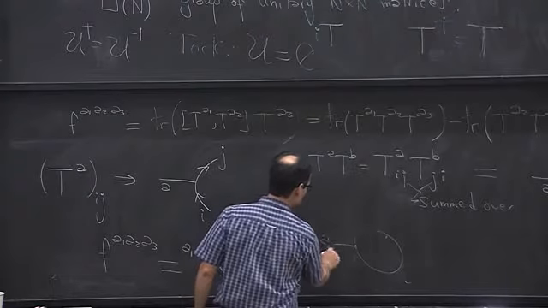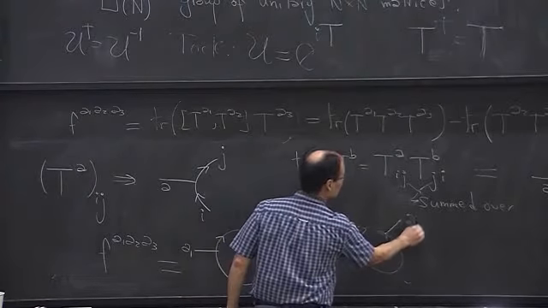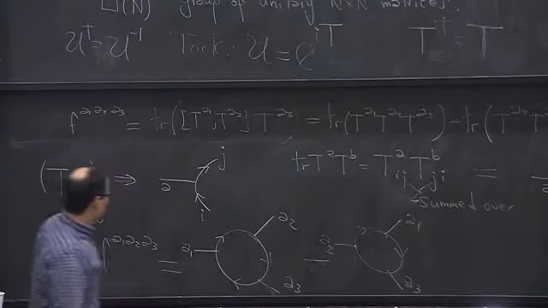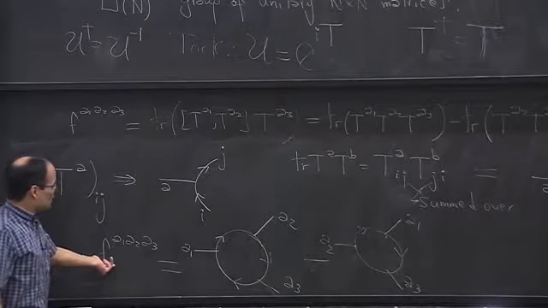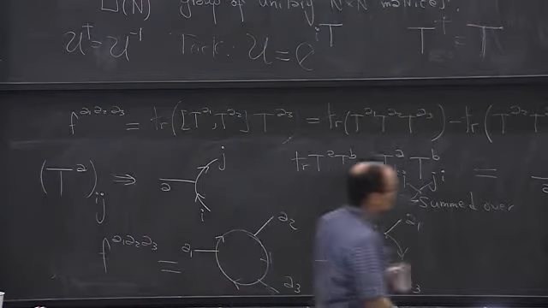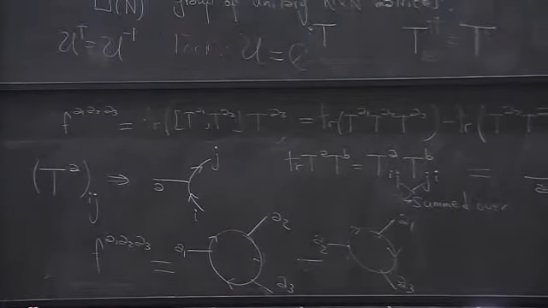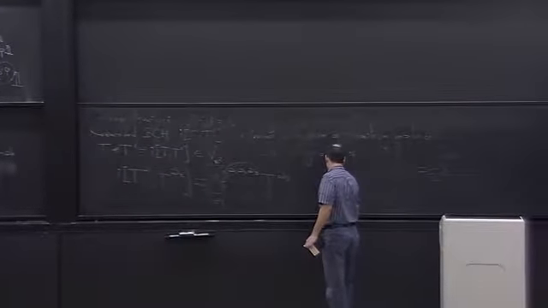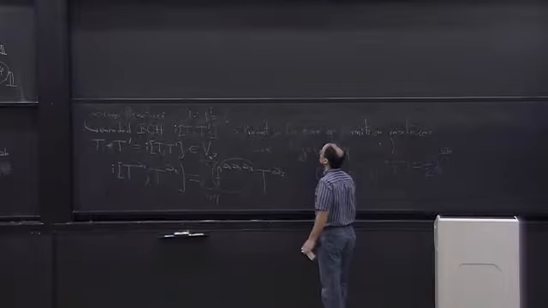Now we have A2 going into A1 and going into A3. So our structure constants are nothing but the sum of these two terms.